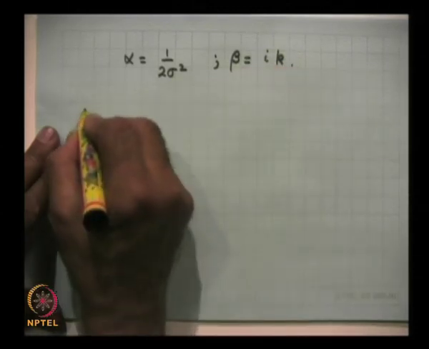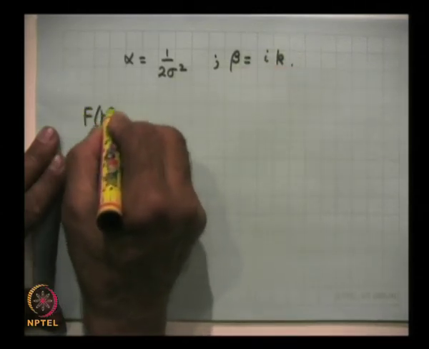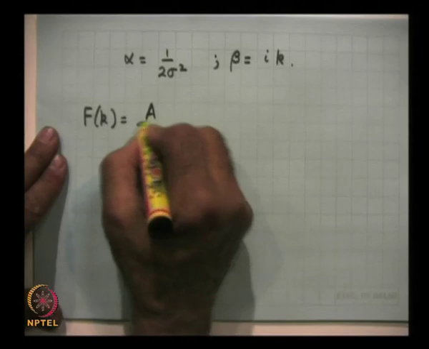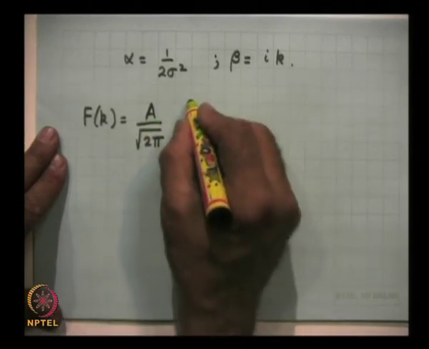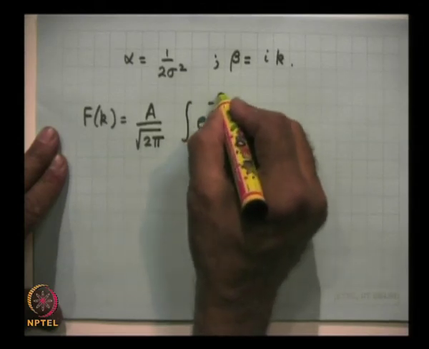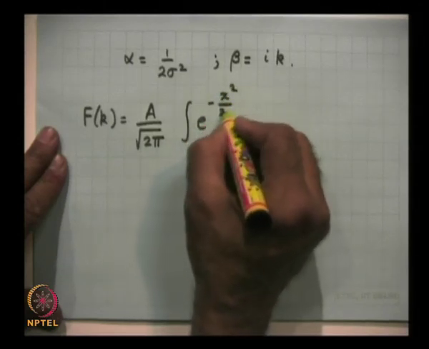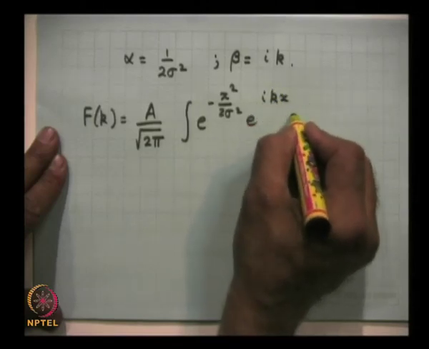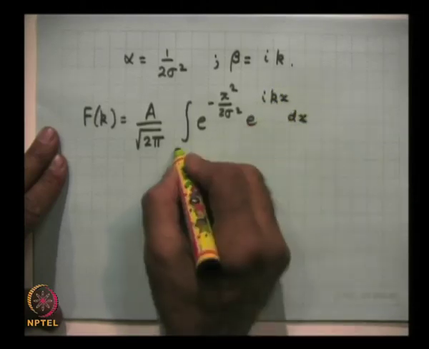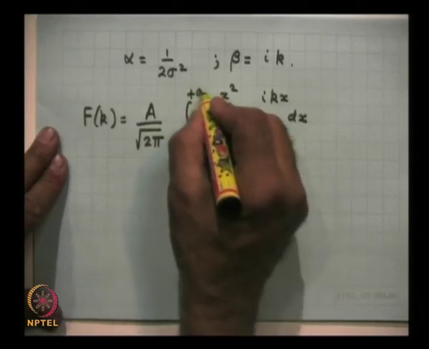So, my f of k will be equal to, as I had written down a moment back, A over root 2 pi, the integral from minus infinity to plus infinity of e to the power of minus x square by 2 sigma square e to the power of i k x dx.